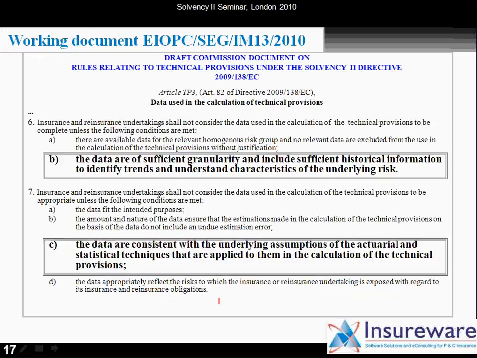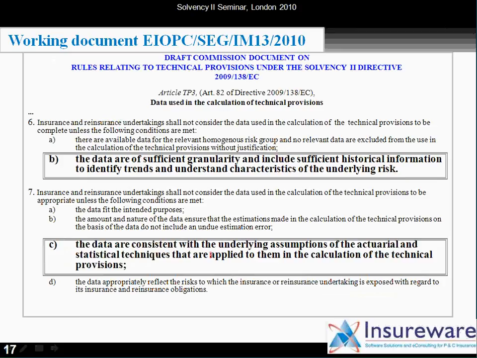We've dealt with that. Here's one of the directives. It says, for example, that the data are of sufficient granularity and include sufficient historical information to identify trends and understand characteristics of the underlying risk. And we believe it's only PTF and MPTF type models that actually allow the actuary and the various people in the company to understand their risks, correlations between the risks, and so on.